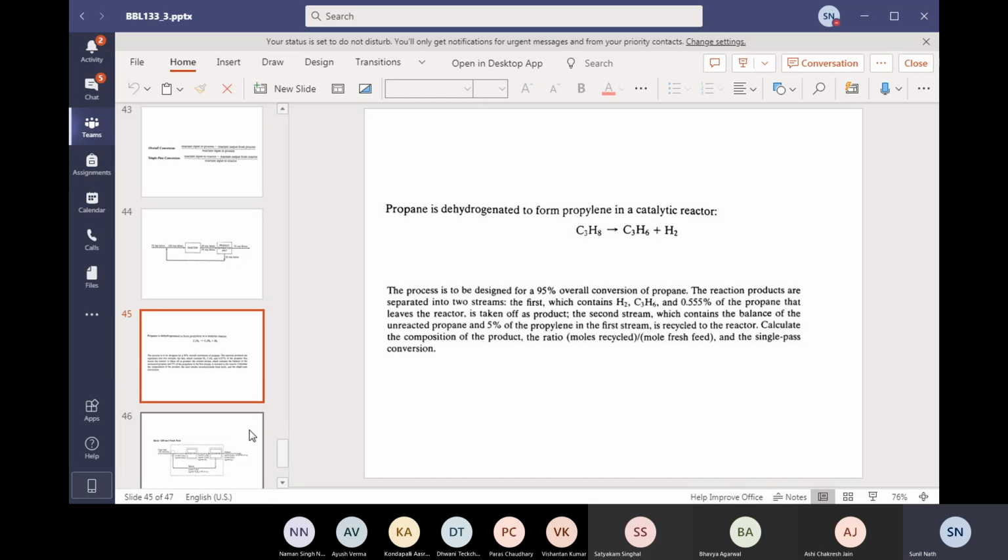And the difference here is the separator is not working at 100% efficiency. So some C3H6 will also go to the recycle stream. So that if you take 100 moles, some few moles will be in the recycle stream.